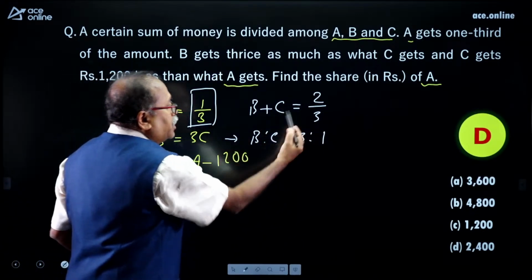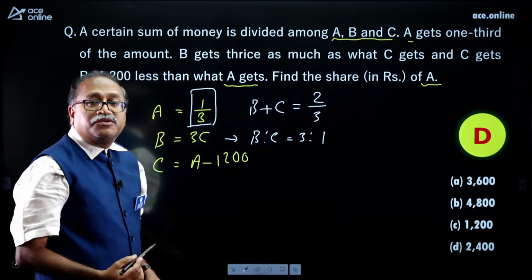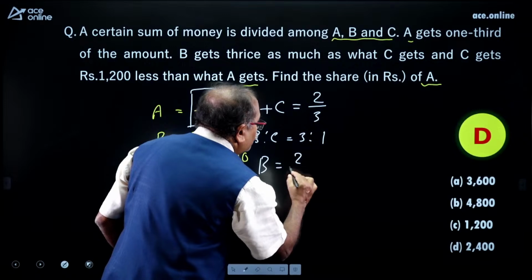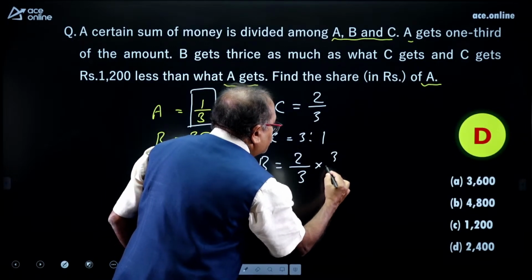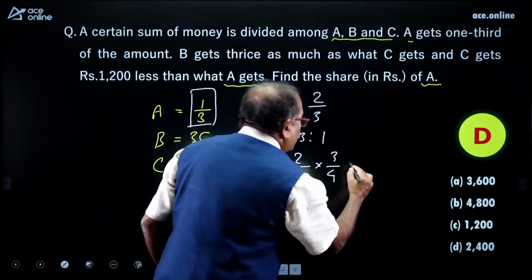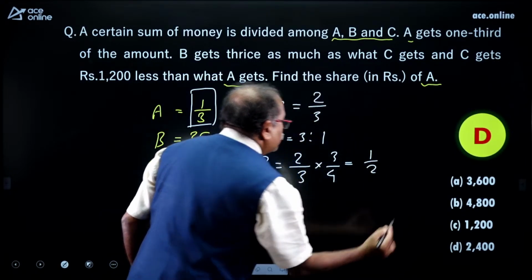Out of 2 by 3, B gets 3 parts. So how do I calculate the B part? 2 by 3 into 3 by 4, so I am getting 1 by 2.